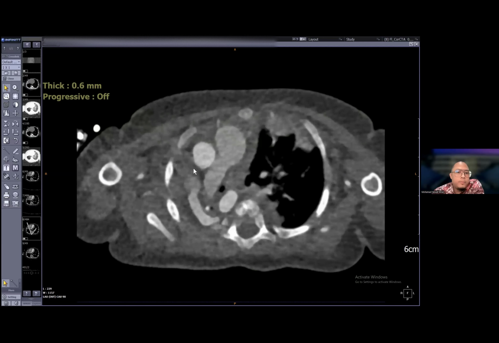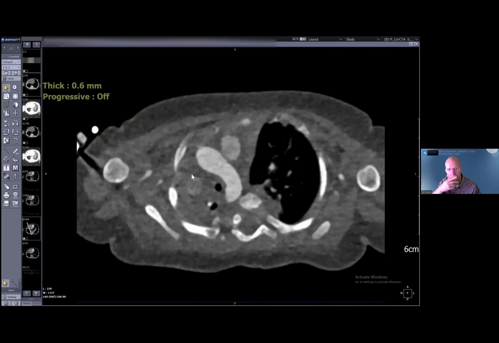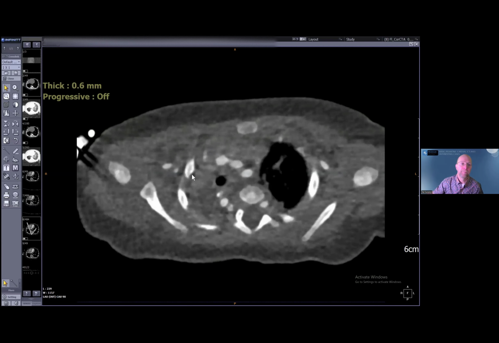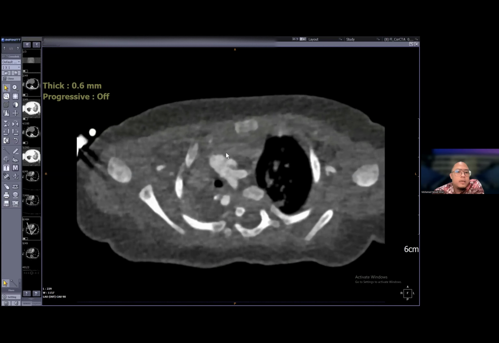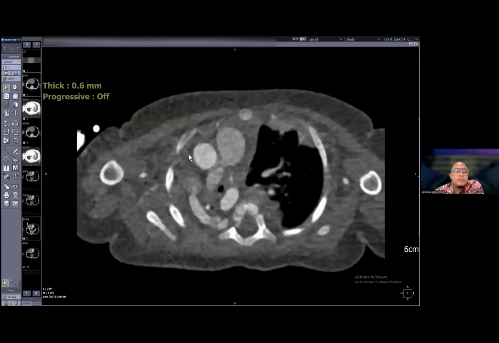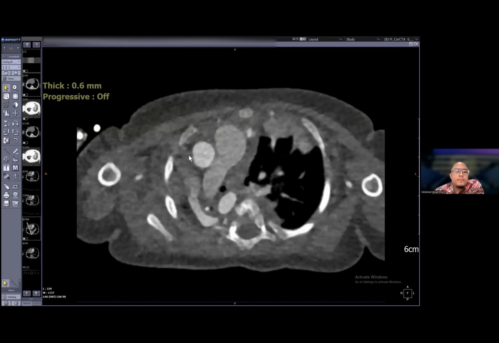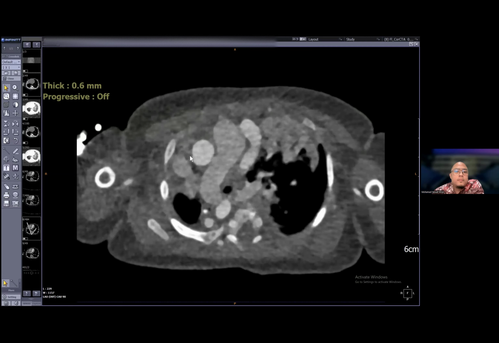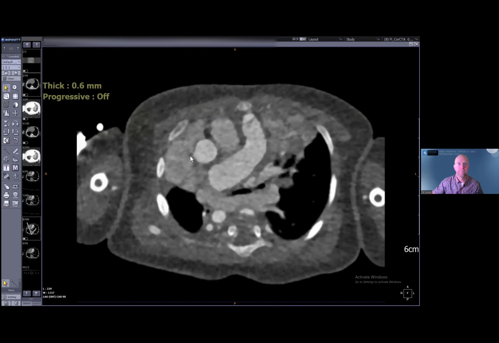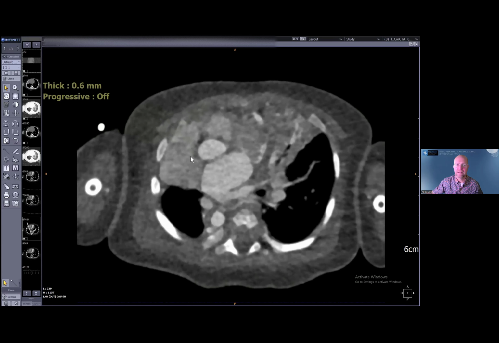In the upper part of the hemithorax. Probably this is still thymus or mediastinum. But see how it's different? It almost seems like it's, yeah, interesting.